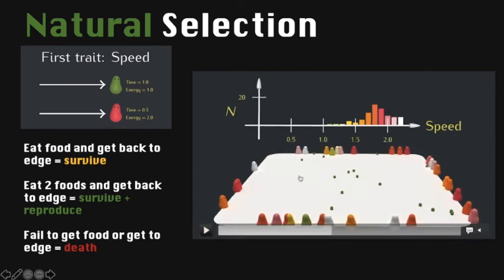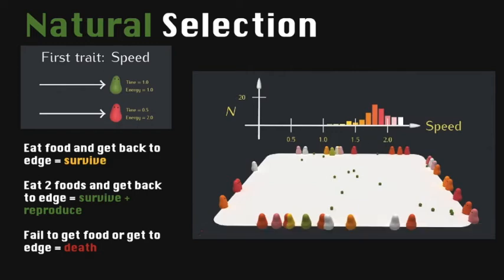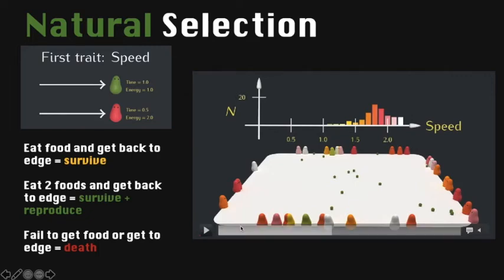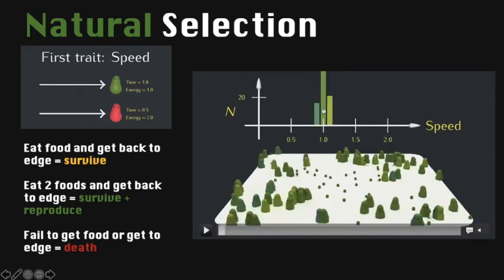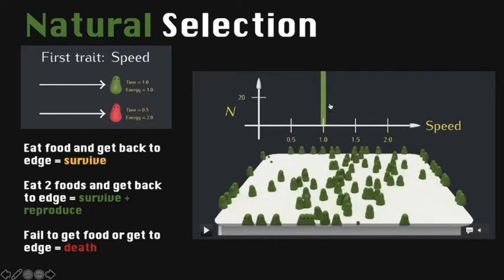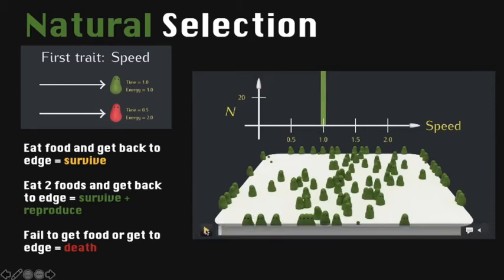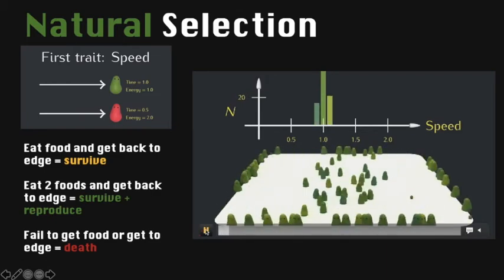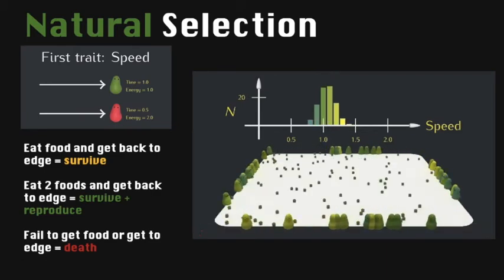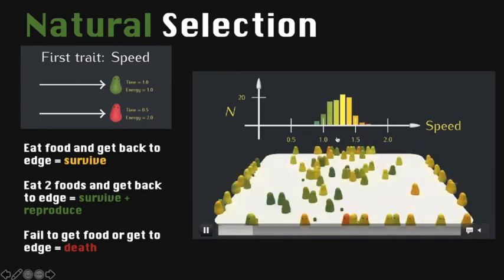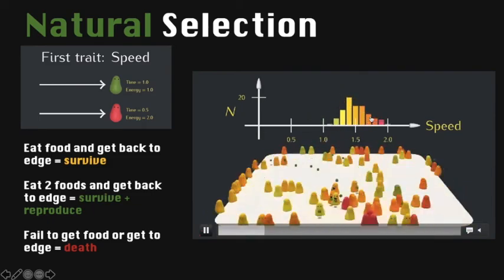All right. Did you see what happened there? We let this play out over several generations. What you see at first is that everybody is the same speed. But as organisms are able to reproduce, some of their offspring are a little bit faster, some of them are a little bit slower. You can watch this play out over time, and you begin to notice that the population as a whole is becoming faster.